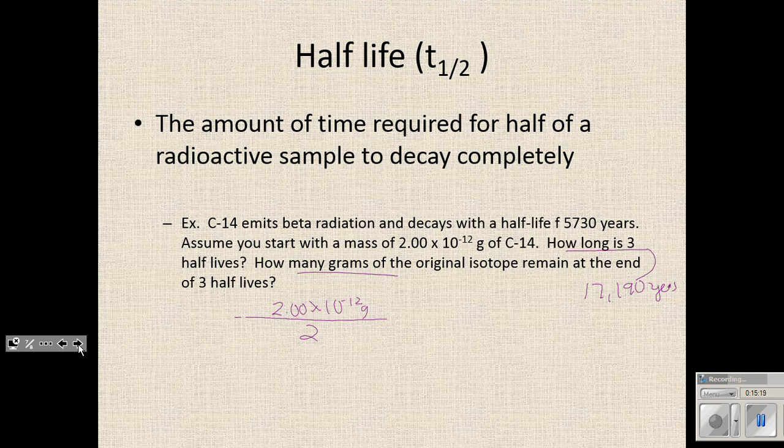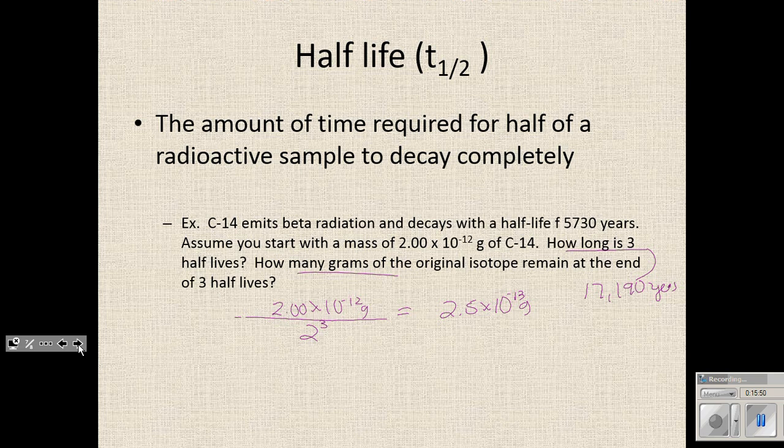But we're going to raise that 2 to the 3rd power, meaning that 3 half-lives have passed. So if we plug that into the calculator, we end up with 2.5 times 10 to the negative 13 grams of this carbon-14 left.